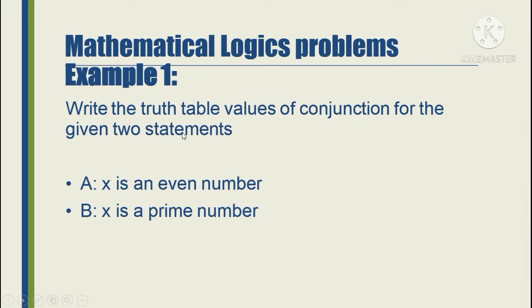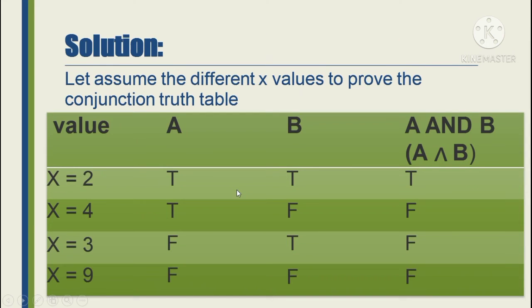So, sabi sa A, x is an even number. So, yung A natin, di ba yung 2? 2 is even number. So, true siya. Then, sa B, dapat daw yung value ng x is prime number. So, 2 is a prime number. So, ang magiging output niya class is true.